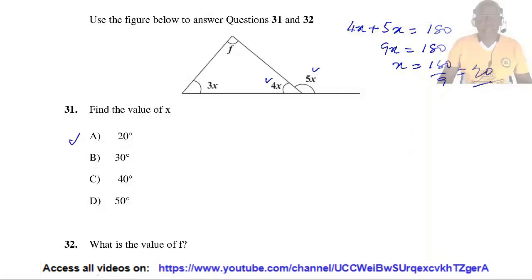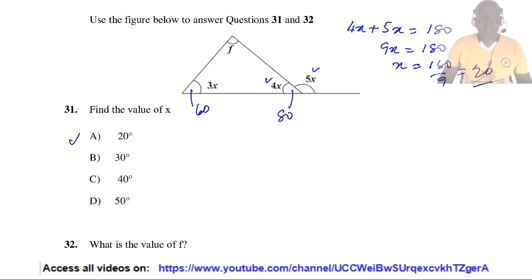Question 32. Find the value of F. We know S from above equals 20. So 3S equals 60 and 4S equals 80. Now the sum of angles in a triangle equals 180 degrees.